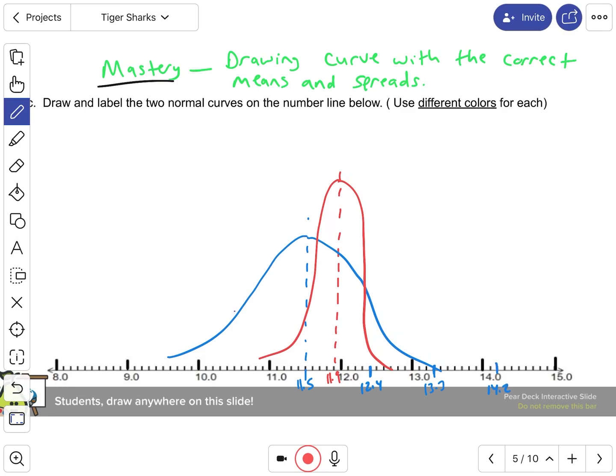And if you go the other direction, well, that would be 11.5 minus 0.9, which is 10.6. And then minus another 0.9, and that's 9.7.